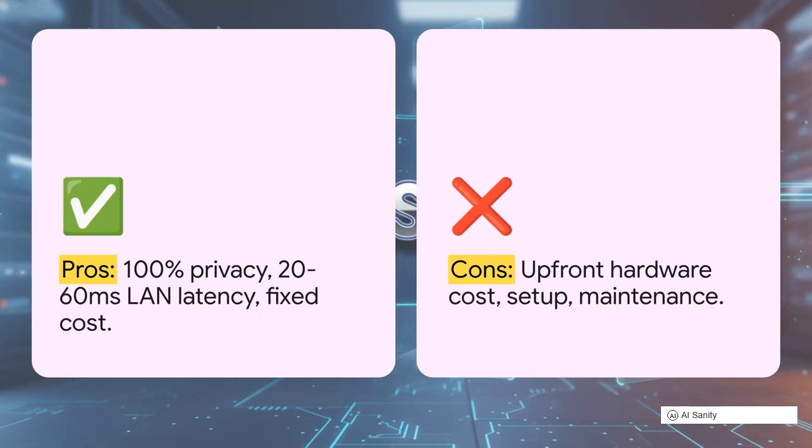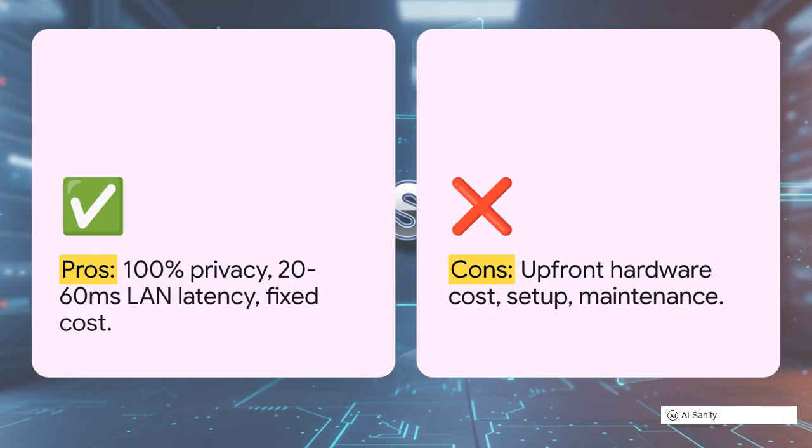Look, I want to weigh the real trade-offs up front here, because let's be real, building infrastructure isn't magic. There is work involved. But the pros? They are massive. We're talking 100% data privacy, your proprietary code, your internal documents. They never leave your local network. You also get this blistering 20 to 60 millisecond LAN latency, full offline use, and a fixed cost.